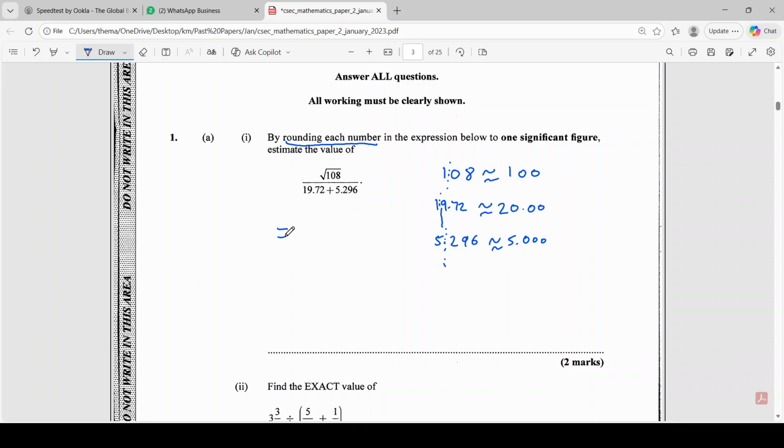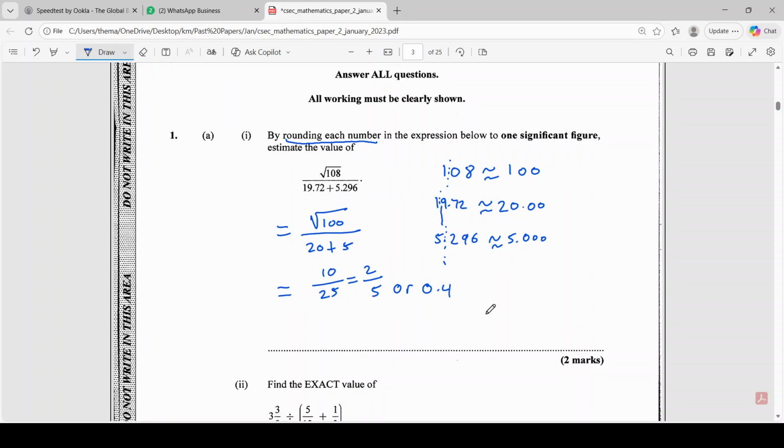So this now becomes square root of 100 over 20 plus 5. Square root of 100 is 10, over 20 plus 5 is 25. We could reduce this some more. 5 into 10 is 2, 5 into 25 is 5, or you could just use a calculator. So your answer will be 2/5, or 2/5 as a decimal is 0.4. Right? That's the first question there.